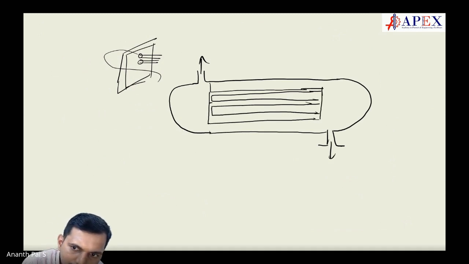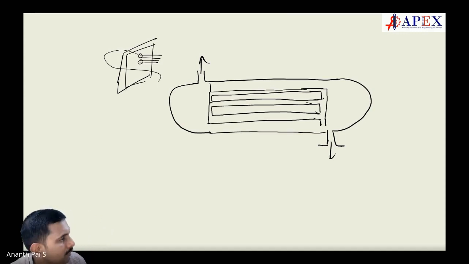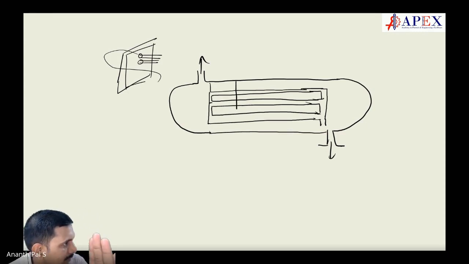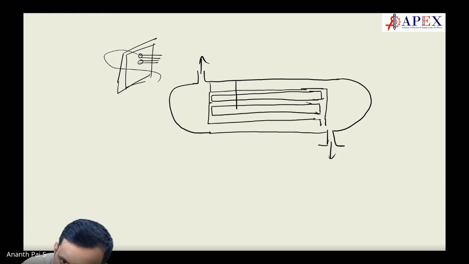There are a lot of tubes, right? This is how it is. And then you have baffles here to stop the flow. It's actually a plate, which directs how the fluid will go. So we'll have two sides, shell and tube, so two things are there.